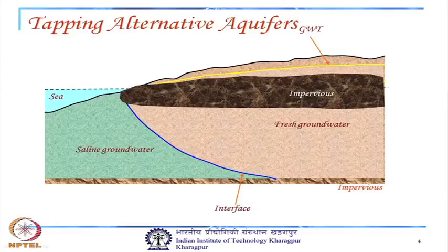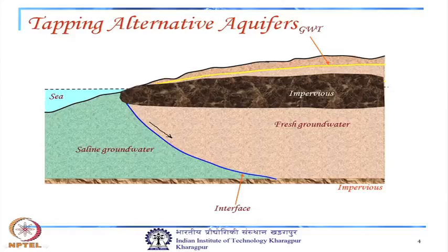So, tapping alternate aquifers: let us say that there is saline water intrusion in this particular aquifer, then one can try to tap a lower aquifer which is not hydraulically connected or not that much affected by saline water intrusion.